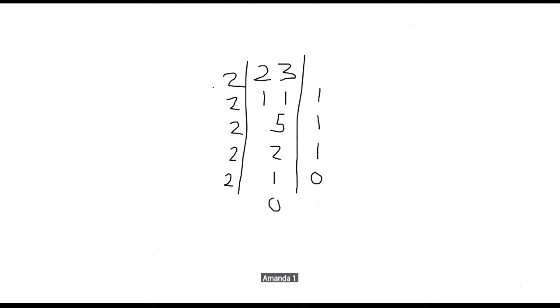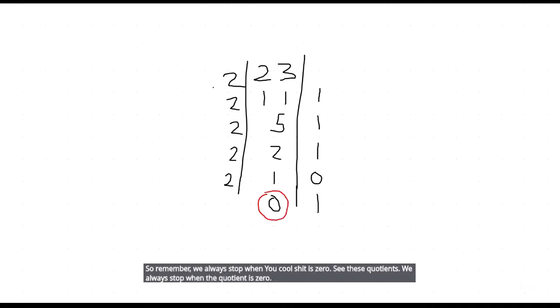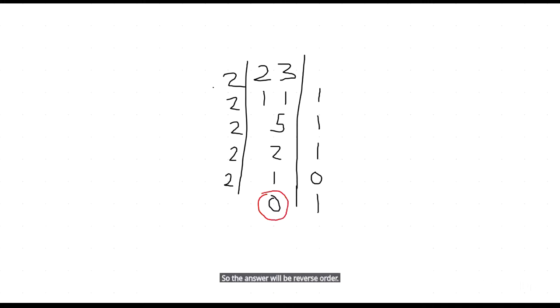Remember, we always stop when the quotient is 0. So the answer, in reverse order, will be 1, 0, 1, 1, 1. So that's 23 in binary.